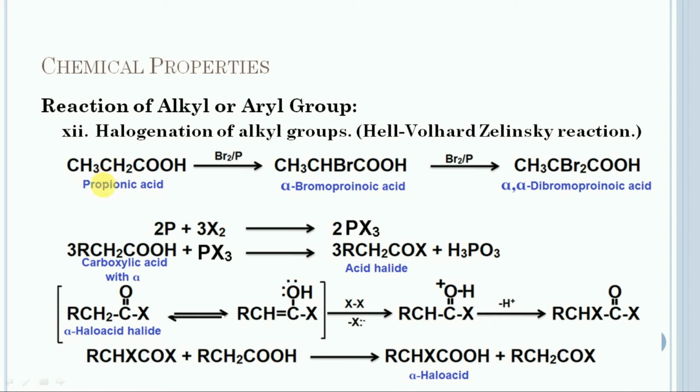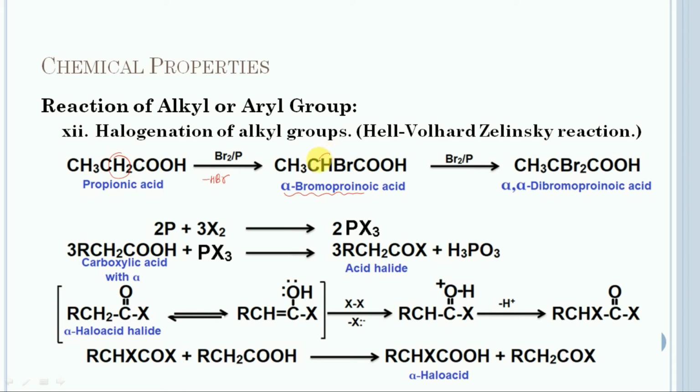So let us consider its example. In this case, propanoic acid is halogenated with bromine in the presence of red phosphorus. In step number 1, the first alpha hydrogen will get replaced with elimination of hydrogen bromide and alpha-bromo propanoic acid will get formed.